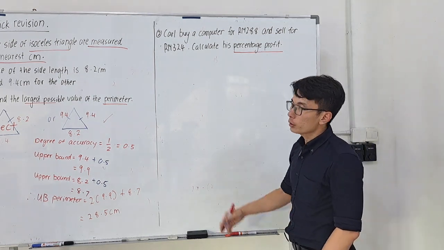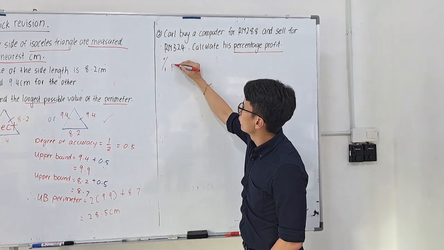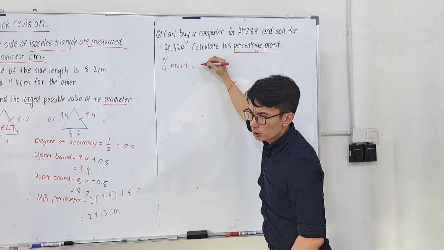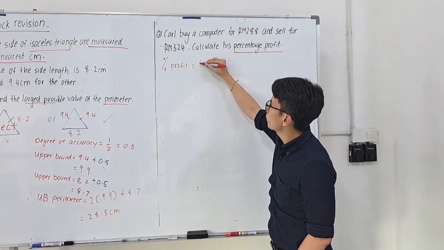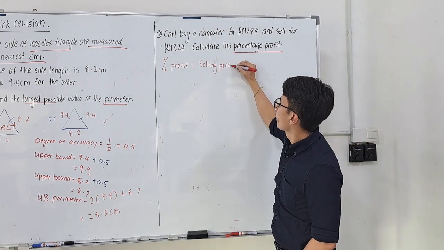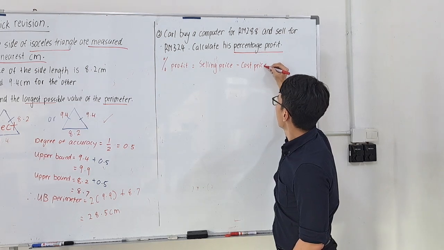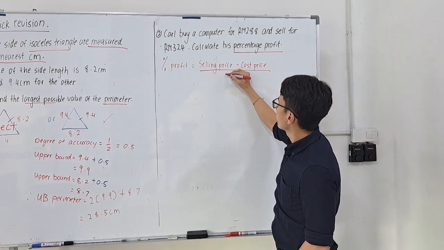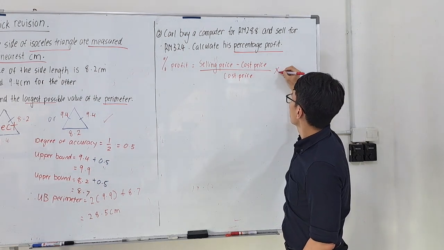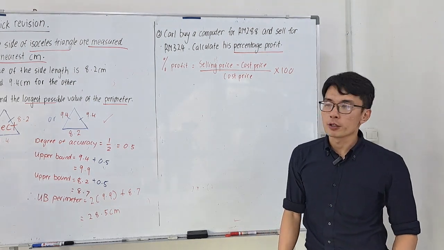Percentage profit is the selling price minus the cost price, and everything divided by the cost price, and then you times by 100. That's how you find percentage profit.